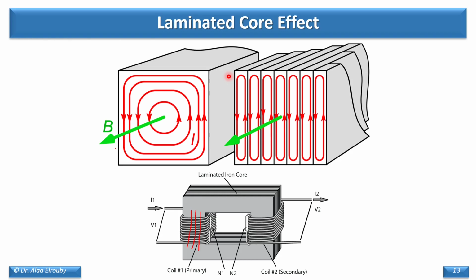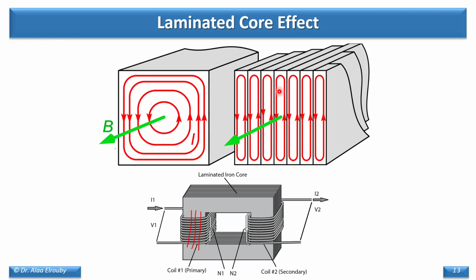One very common way to solve this problem is to build the core as laminated layers. Many of us have seen a transformer with a laminated core, and between each layer and the other there is wax or an insulator. So the time varying magnetic flux will be penetrating a much smaller area.